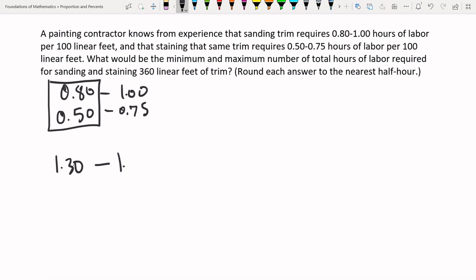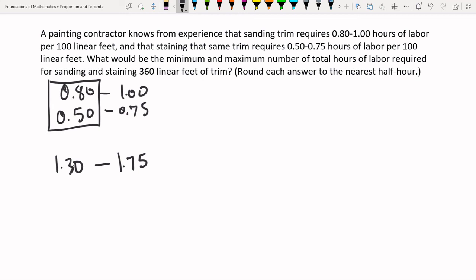Then we have 1.75 hours of labor per 100 linear feet. That's the maximum and minimum for this kind of situation. Now this is for 100 linear feet, and we're looking for 360 linear feet. So we write a proportion.